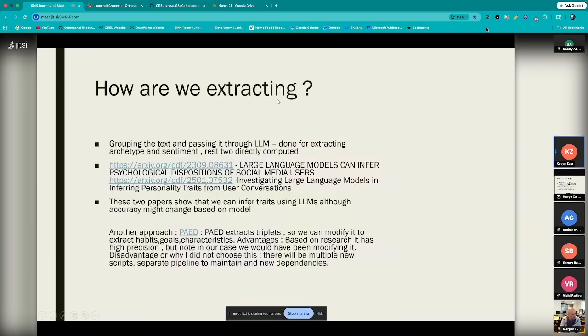So how are we extracting? We'll first group the text according to the users, and then we'll extract this persona by passing it through LLMs. I know it sounds like we are simply using an LLM for this, but there are papers that justify it, showing that large language models can actually infer the big five traits, although they have used GPT models and here we are using Llama.